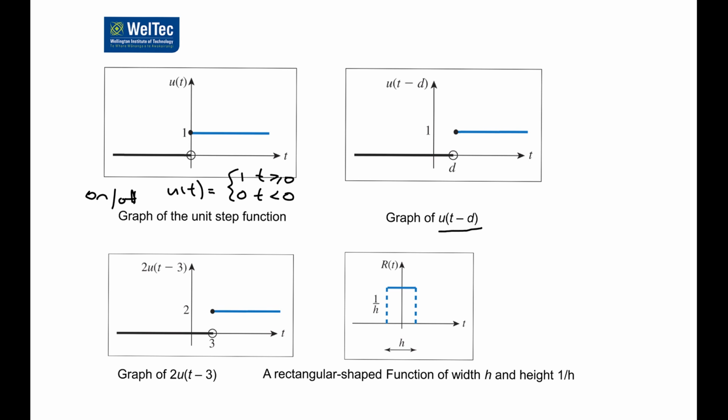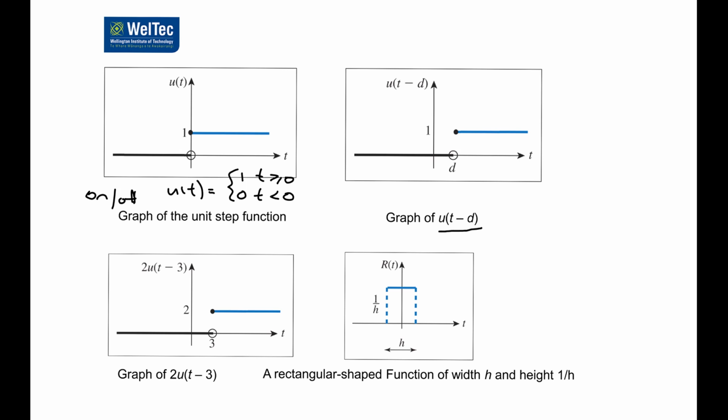In the first two examples there, the on value is 1 and the off value was 0, but it doesn't need to be that. The on value could be 2. So we could move the discontinuity and we could change the on or off values.